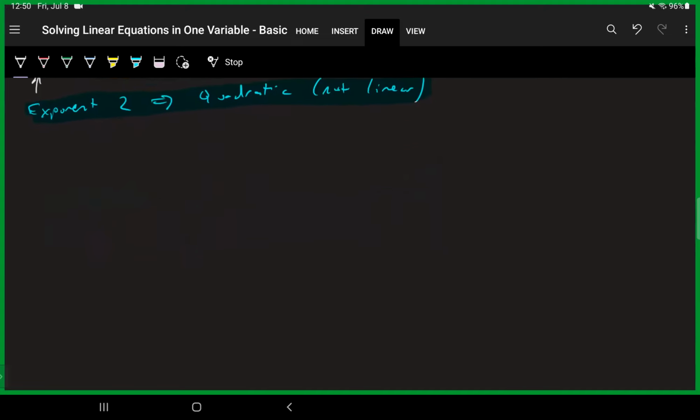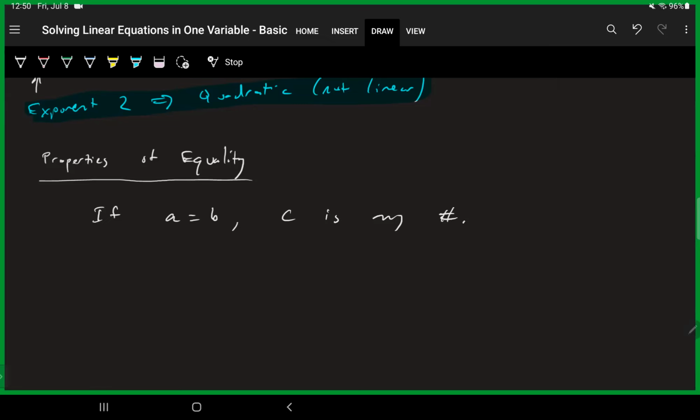So before we get started, I want to talk about some properties of equality. If I have an equal sign between two things, if A is equal to B and C is a number, so C is any number, I can add C to both sides of this equation.